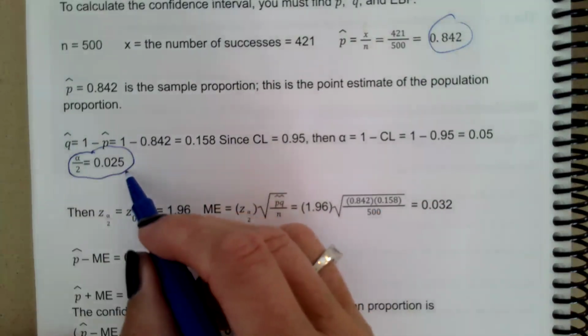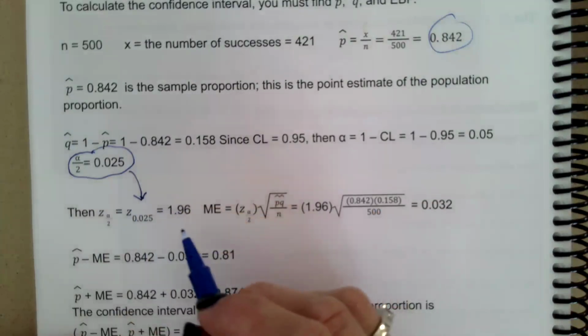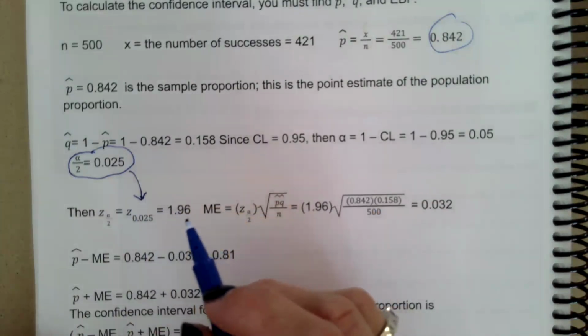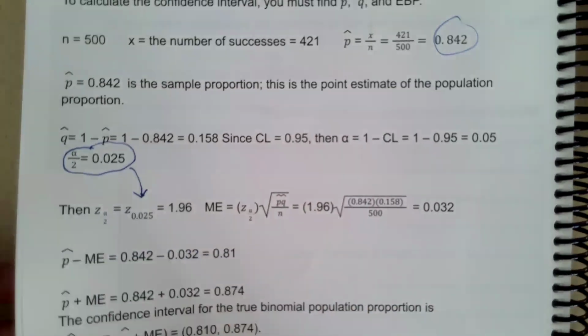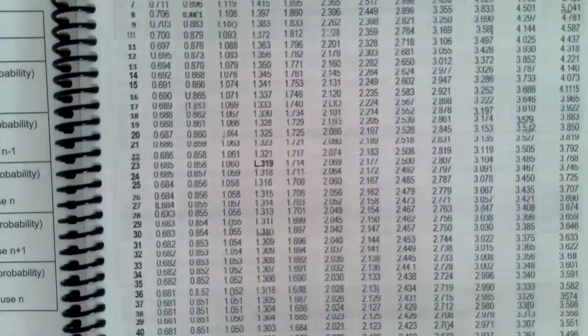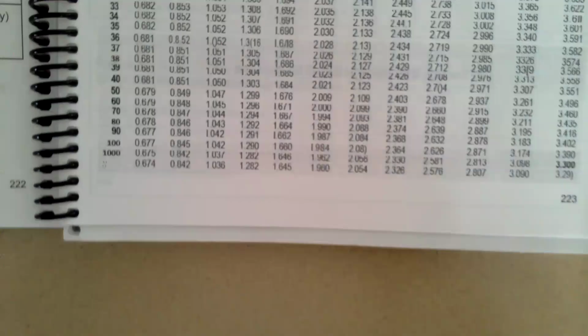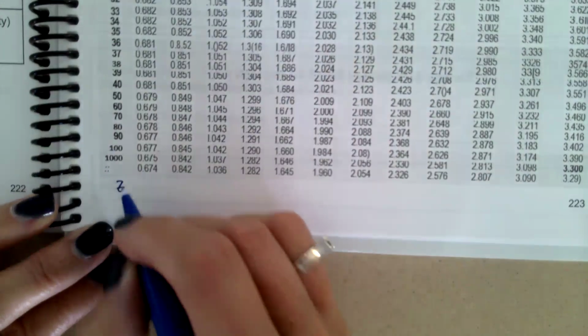So we need to find our critical Z value of 0.025 using our table or Desmos. It's 1.96. And the table is in the back of your course pack. So remember, at the bottom of your t table is the Z values.